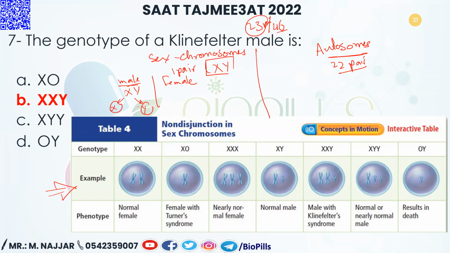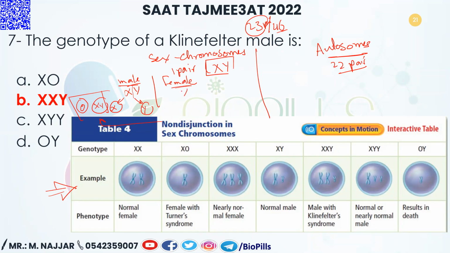This is a normal disjunction, a separation between the X in one sperm and the Y in another sperm. There may be a problem if one sperm has no chromosome at all, and another one has 2 copies, such as X and Y. This is called non-disjunction. This is called O or 0, nothing here.